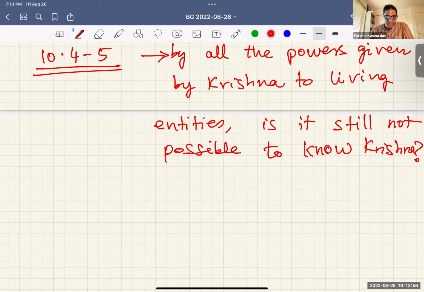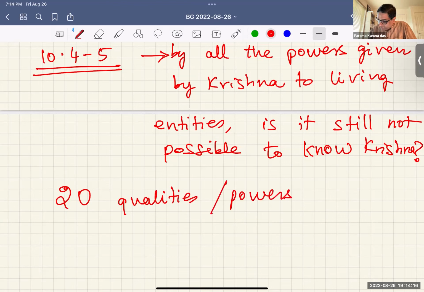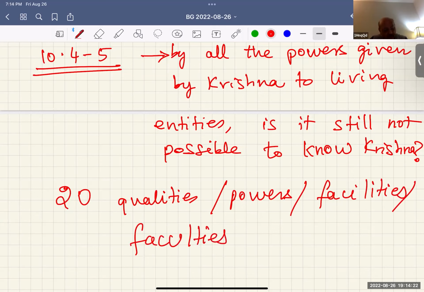Why is it not possible to know Krishna through all the buddhi, gyan, and so many other qualities that Lord Arjuna lists, or in this case, that Lord Krishna lists, 20 qualities? Now, not really qualities, but you can call them powers or facilities, or faculties of living entities.